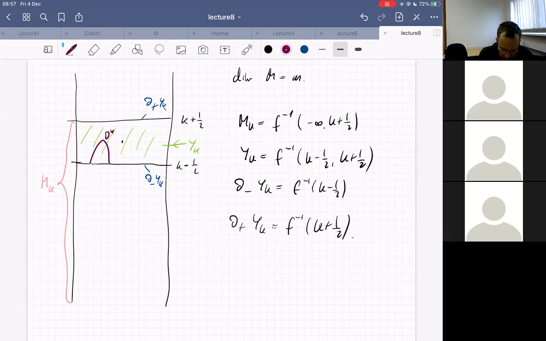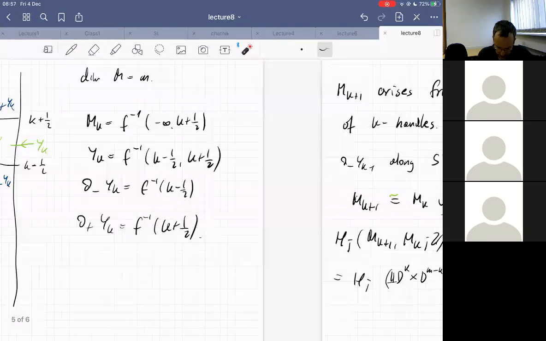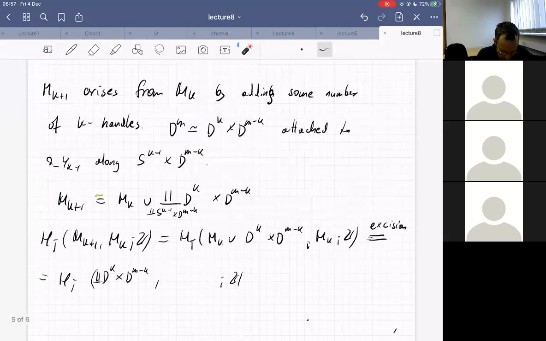So when you cut off everything in here, what remains, what you can't cut off, is this part, because you can cut off only open subsets. So what remains after you cut off everything is the disjoint sum of S^{k-1} times D^{m-k}.